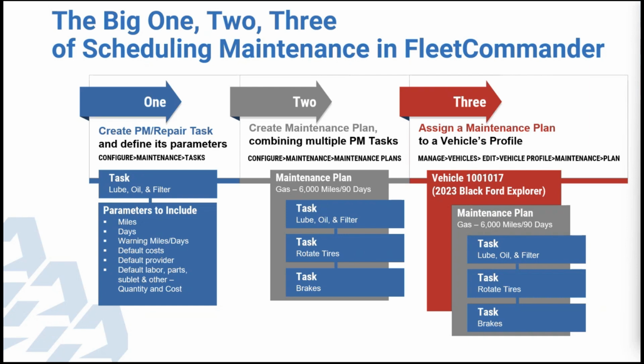In this example, you have the lube, oil, and filter combined with rotating tires and checking the brakes. Once you've established your maintenance plan, that plan is assigned to individual vehicles. As it shows here, this particular plan is going to be assigned to a 2023 Black Ford Explorer.